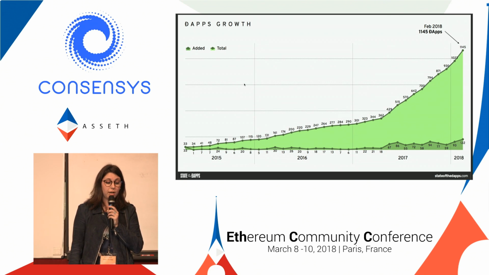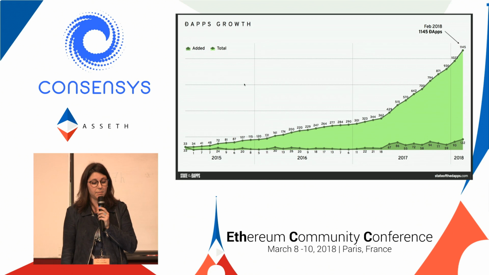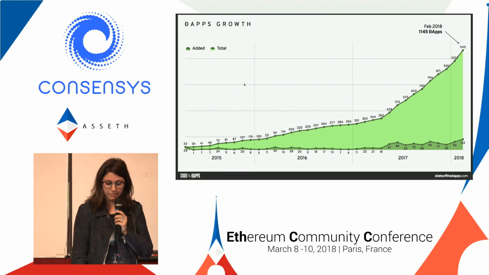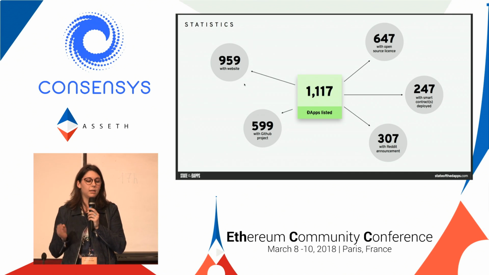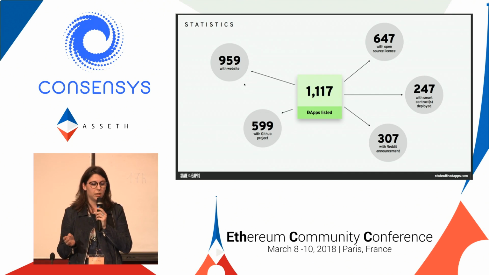And even before that, you can see that the added dApps in 2015 was about 30 to 100. 2016, slowly growing. 2017, the curve just hits the roof, and it keeps on going like that. At this moment, we are at about 1,200 dApps. Nine months ago, 325, that's a big baby that came along.